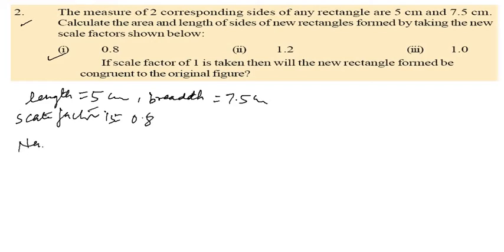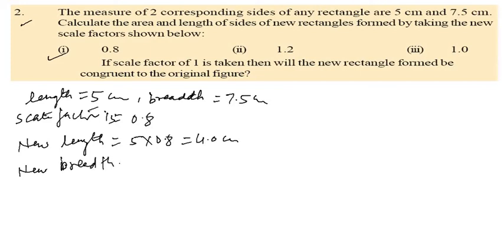So you can write new length. New length is 5 into 0.8. So you can say it is 4.0 centimeter. And new breadth, it is 7.5 into 0.8.